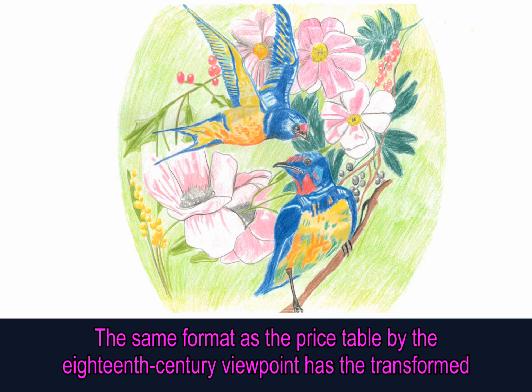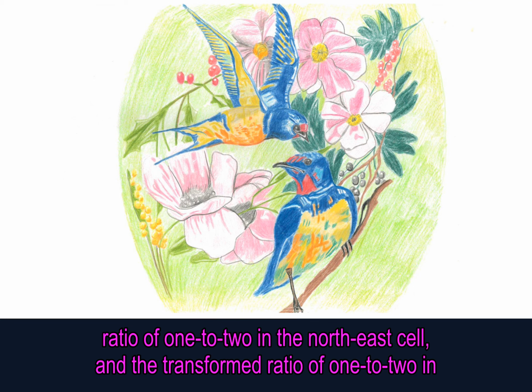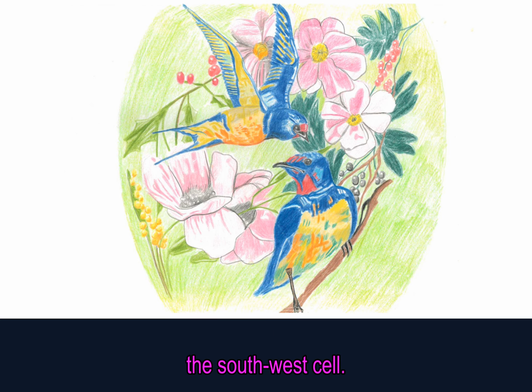The same format as the price table by the 18th century viewpoint has the transformed ratio of 1 to 2 in the northeast cell and the transformed ratio of 1 to 2 in the southwest cell.